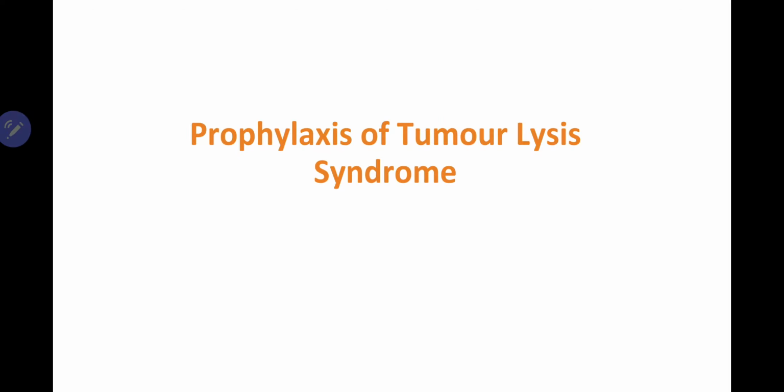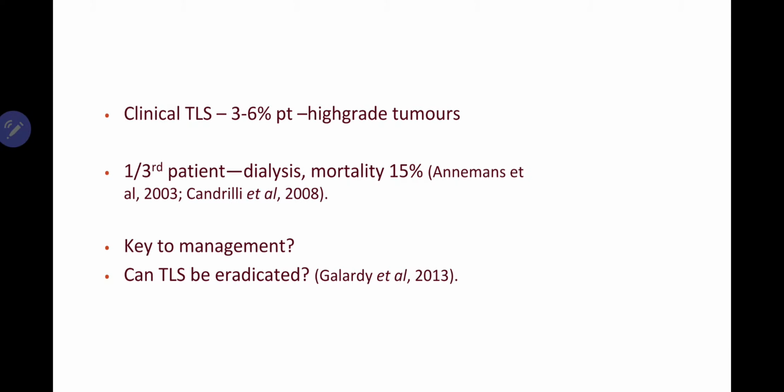So what prophylaxis should we use in treatment of tumor lysis syndrome? Generally, clinical tumor lysis syndrome is less common, about 3 to 6% of patients, that too with high grade tumors, and only one third of the patients will end up in the hemodialysis unit, and the mortality is reduced nowadays to 15%.